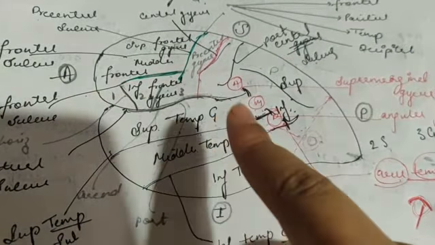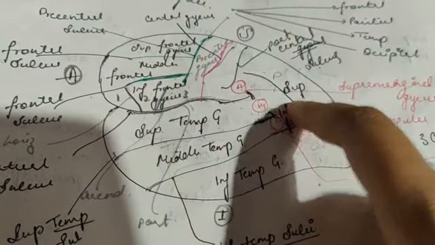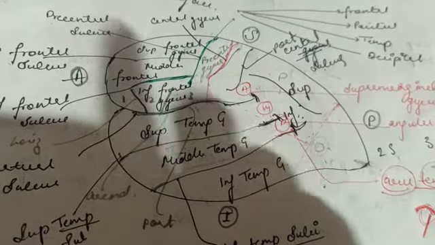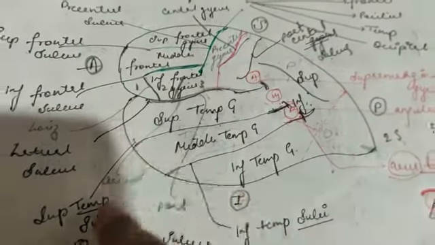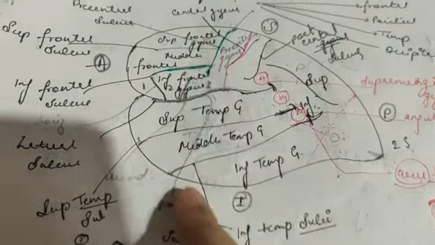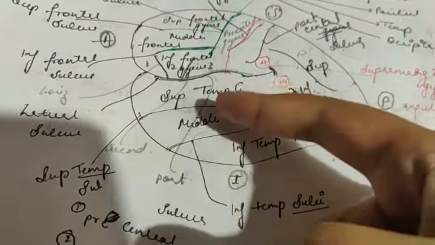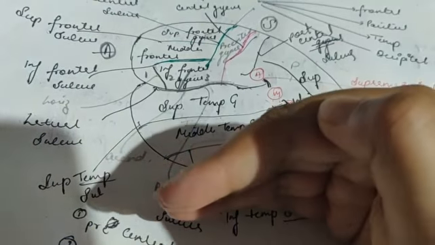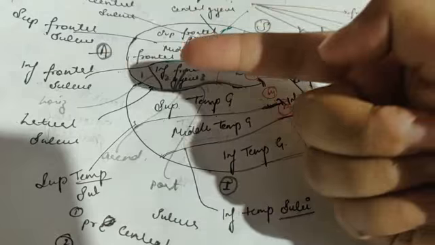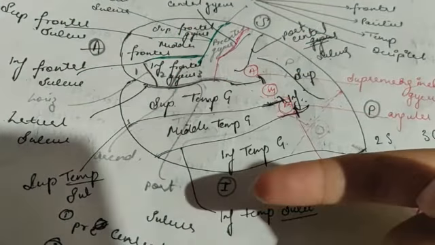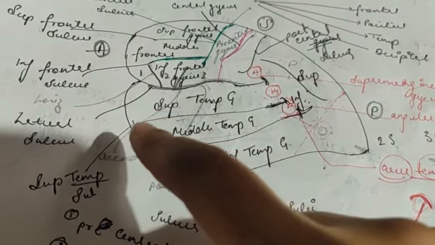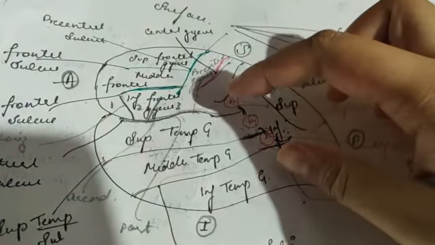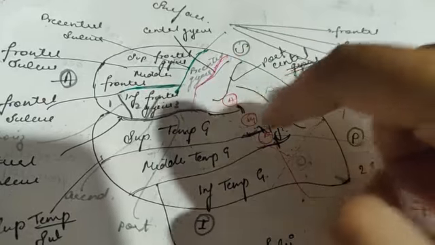To revise the temporal and the parietal lobe: the temporal lobe is divided by two sulci, the superior temporal sulcus and the inferior temporal sulcus. What do these do? They divide the temporal lobe into three different regions: the superior, middle, and inferior temporal gyri. These sulci extend into the parietal zone because they make the gyri of the parietal zone.